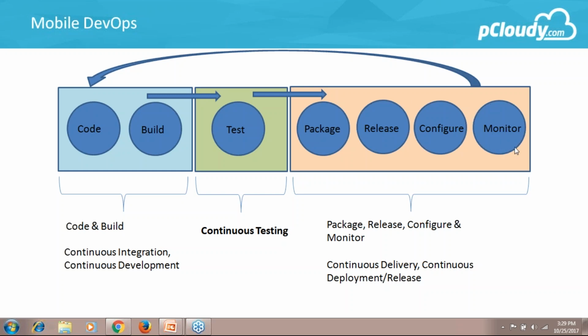This is what we call continuous improvement. If we take the feedback from the monitoring phase and implement it in our code, that is continuous improvement. When we started writing the code for a specific application, we had certain requirements.